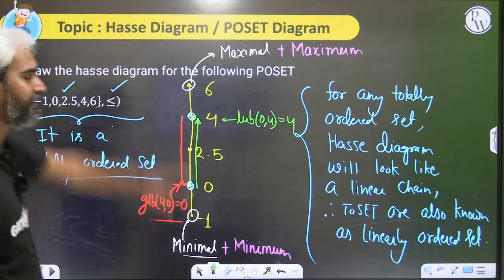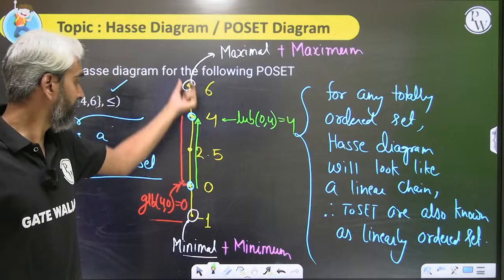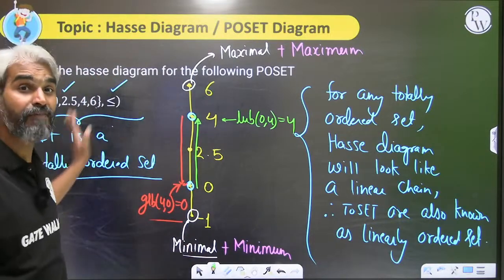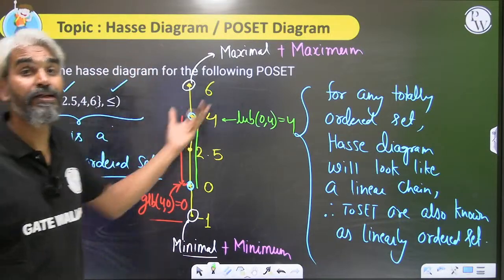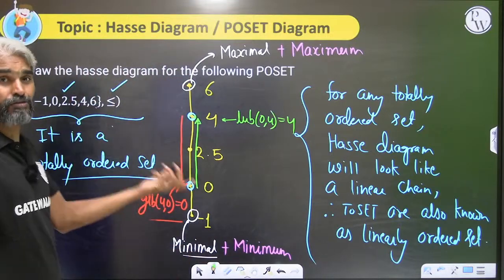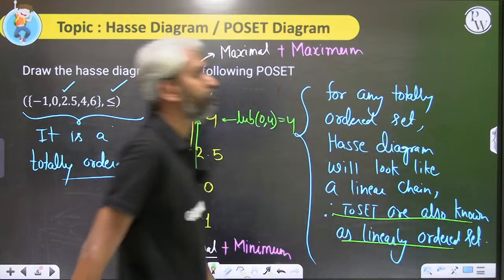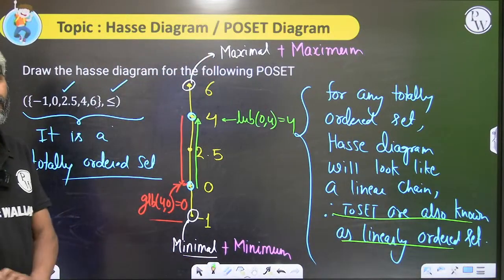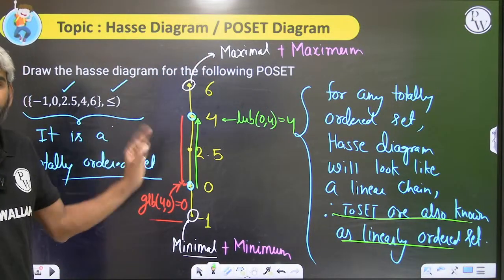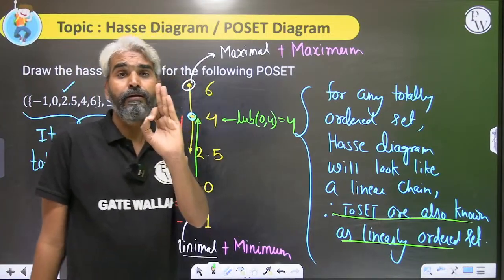What about this? Sir, it is a totally ordered set. Why? Sir, the linear chain. What did we say? That if the poset diagram for a poset looks like a linear chain, then it will be a toset, and every toset, please remember, will be a lattice.